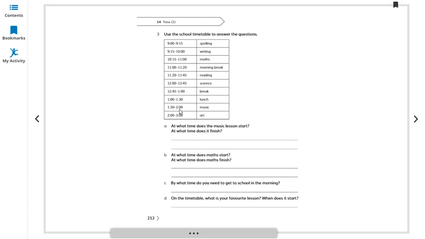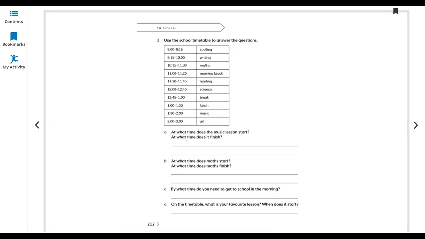So we will write it here. This is the start time and this is the ending time. Music starts at 1:30 and ends at 2. So I just write like this.